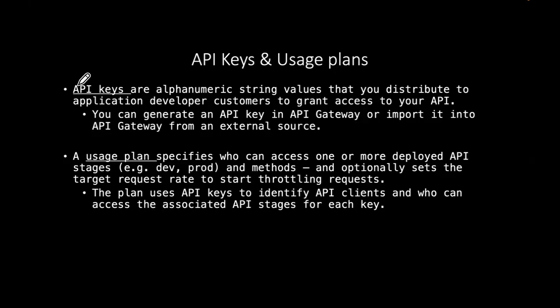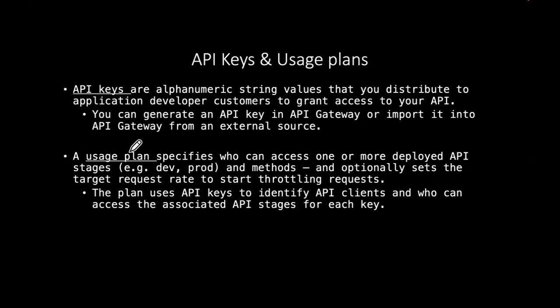Now, we also have this concept of usage plans. What a usage plan does is indicate what permissions an API key has in terms of what particular endpoints, and what methods of what endpoints, it has access to.